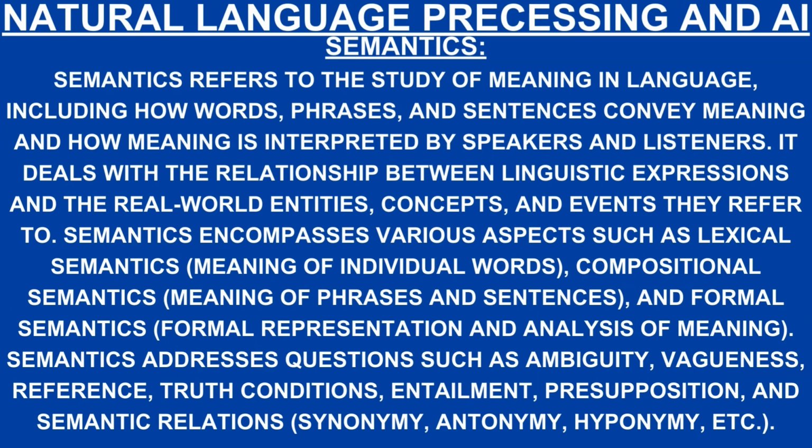Semantics. Semantics refers to the study of meaning in language, including how words, phrases, and sentences convey meaning and how meaning is interpreted by speakers and listeners. It deals with the relationship between linguistic expressions and the real-world entities, concepts, and events they refer to. Semantics encompasses various aspects such as lexical semantics (meaning of individual words), compositional semantics (meaning of phrases and sentences), and formal semantics (formal representation and analysis of meaning).